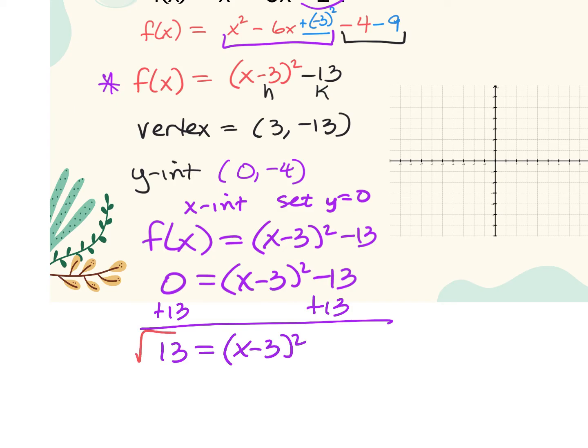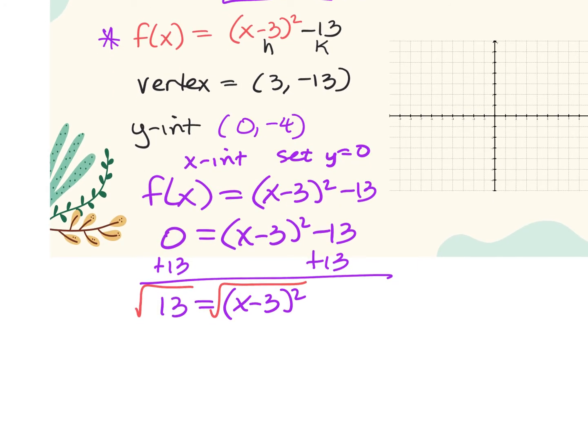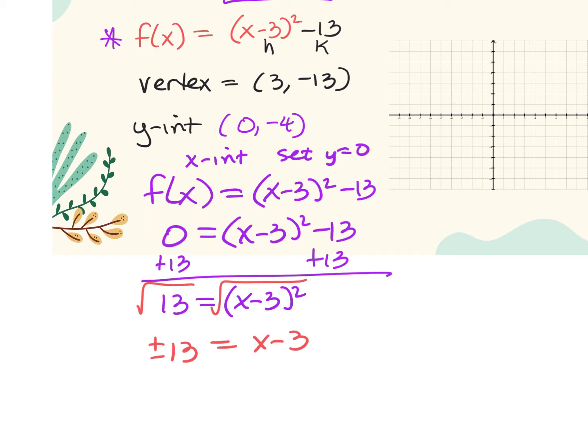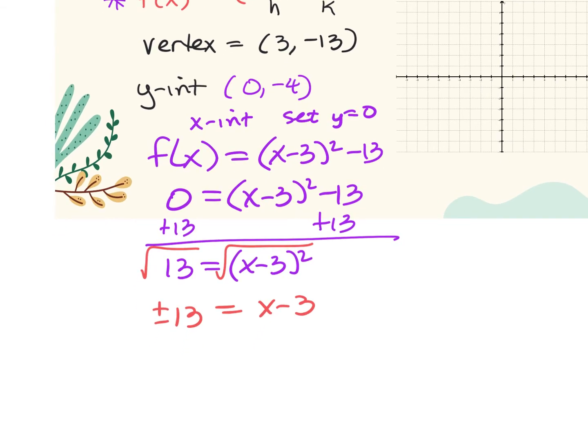Use your square root method. And I get plus and minus the square root of 13 equals x minus 3. And now move the 3. So 3 plus or minus the square root of 13 equals x.